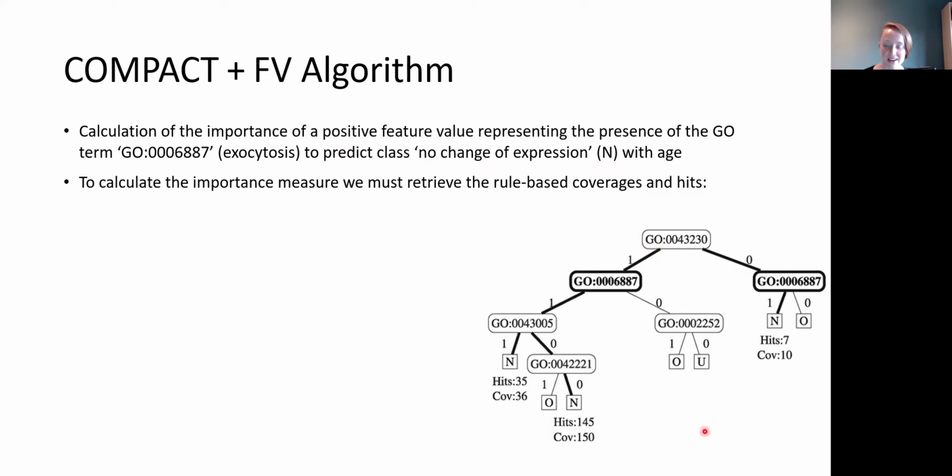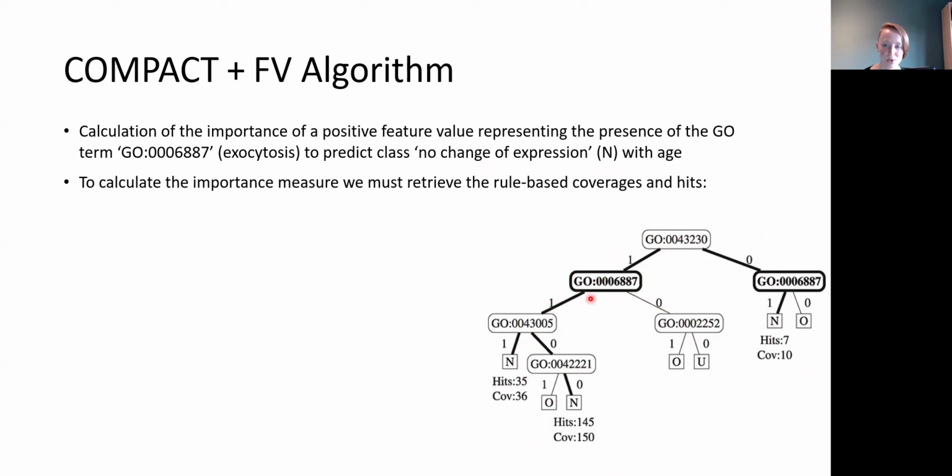So to calculate our importance measure, we can see this is the GO term we're interested in. We're only interested in the positive values for this. So we don't care about this one here because it's not associated with this particular GO term. We're only interested in the things downstream of our tree on the positive side of this.